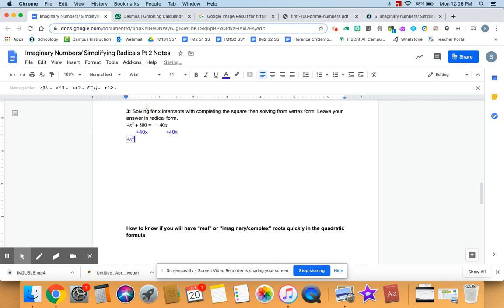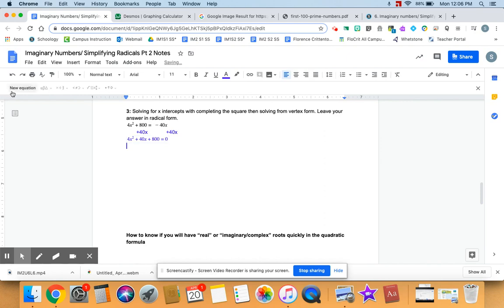The x term, the 40x is my b, so that's going to go in the middle, and then plus the 800. And now it equals 0, like I need it to. So to complete the square, remember first, I'm going to just take this and separate that plus 800, not think about it for a minute.